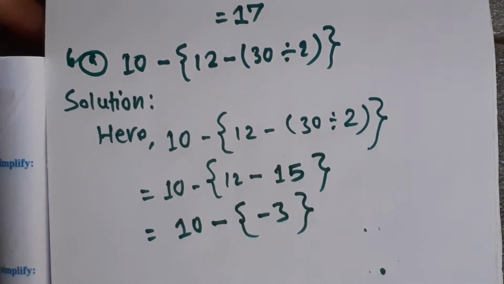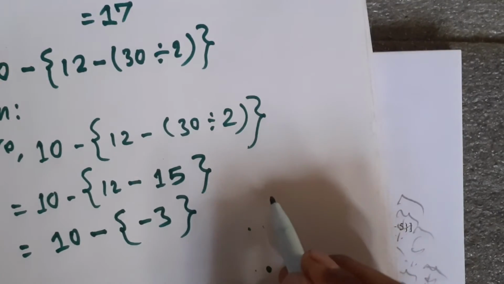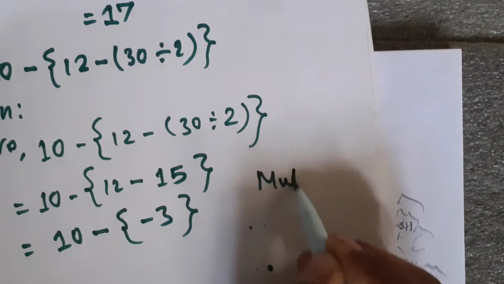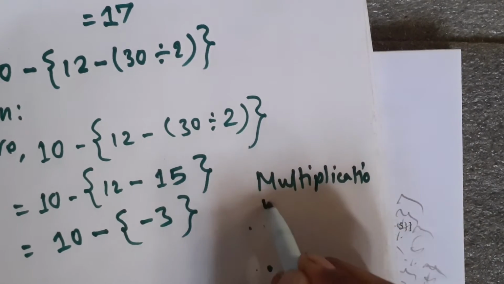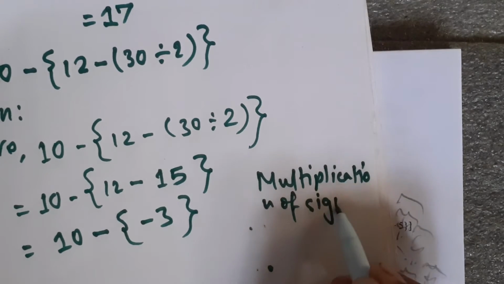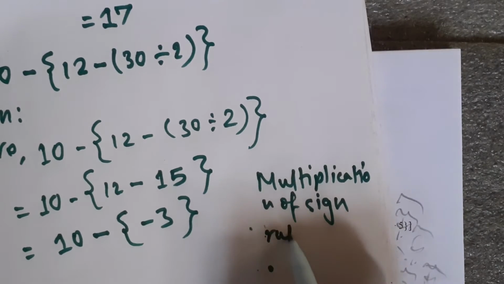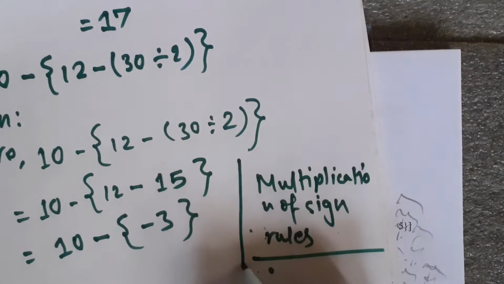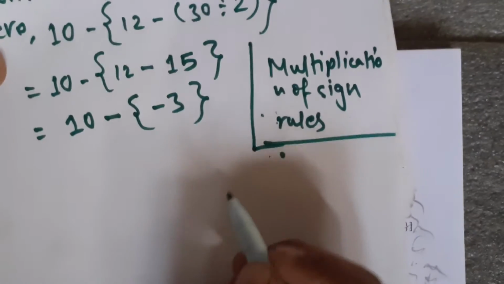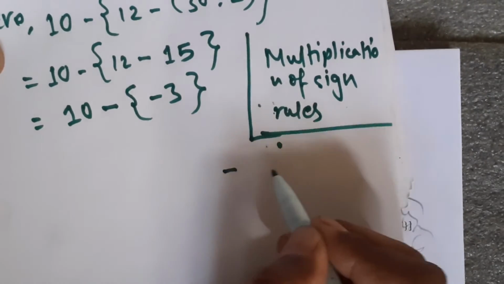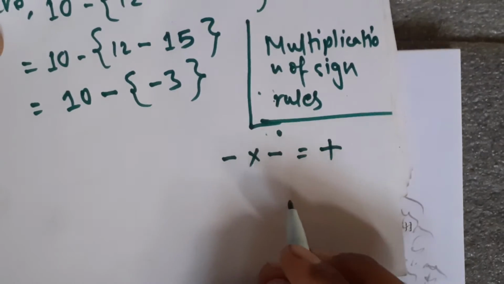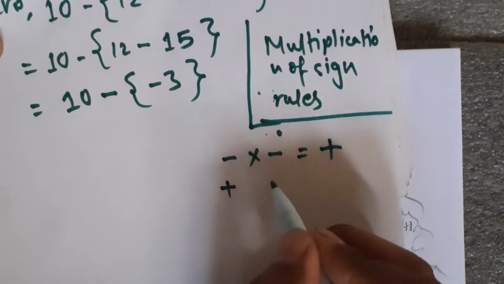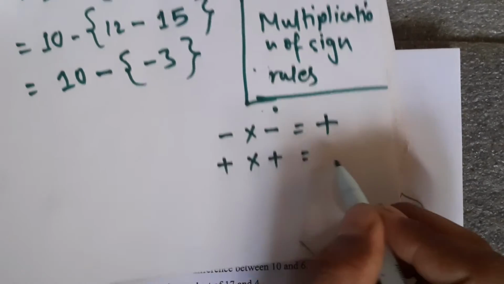Now you have to remember the multiplication of signs rule. You have to write that. If you multiply minus and minus, it will become plus. If you multiply plus and plus, it will become plus.